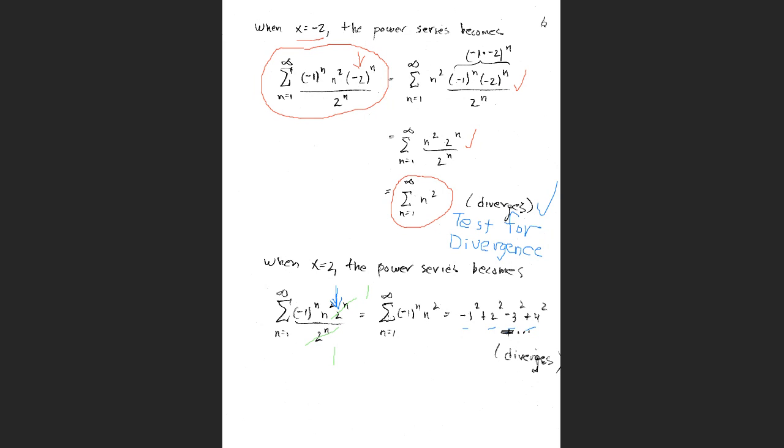And the terms of the series are not approaching 0, so it diverges. The power series will diverge when you substitute the value x equals 2 in there. And again, we're using the test for divergence here.